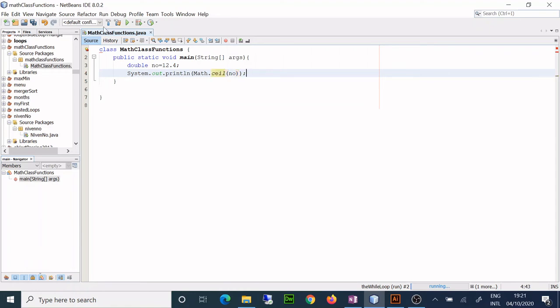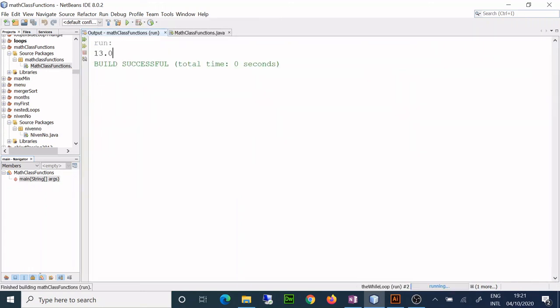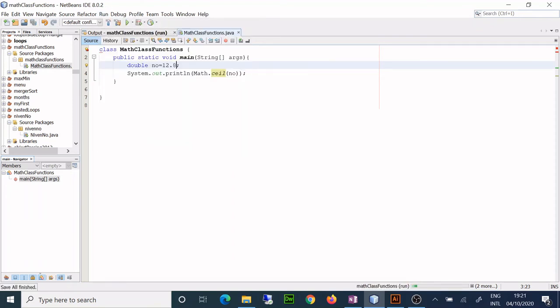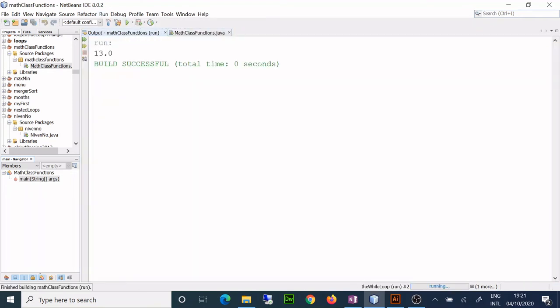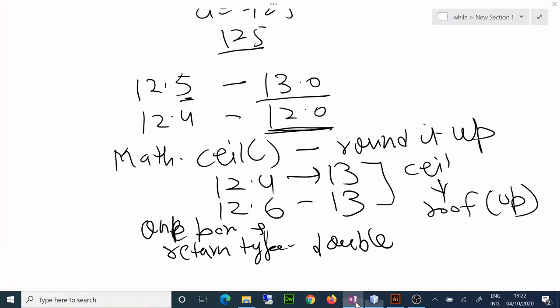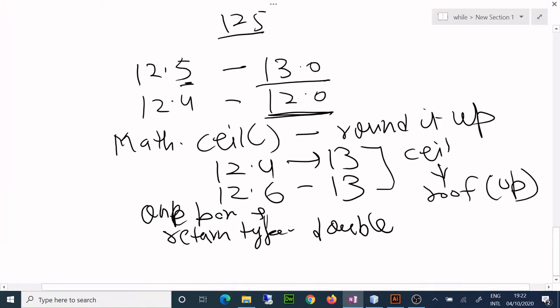What should it print? It should print 13.0. So when I run, it prints 13.0. If I make it 12.8, it will still be the same. It rounds it up. So that's what math.ceil is doing.